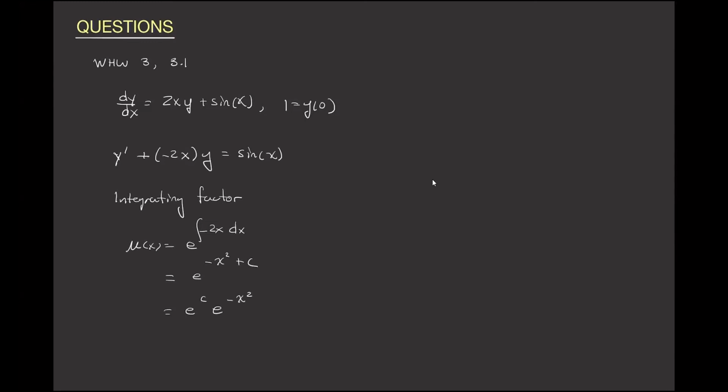So I'm just going through the integrating factor process right now. If you have any questions as I'm doing that, of course, feel free to let me know, but I'm just putting in the work, and we get e to the negative x squared y is going to be the integral of e to the negative x squared, sine of x.